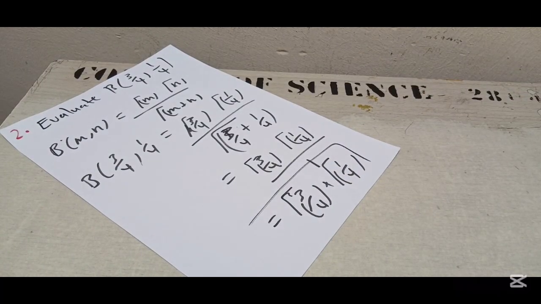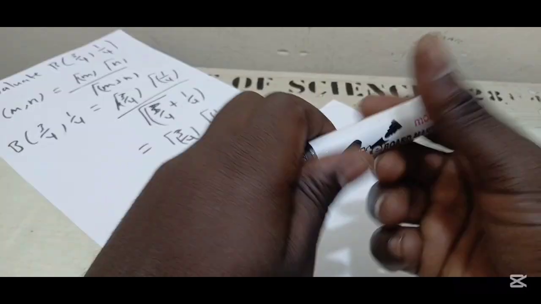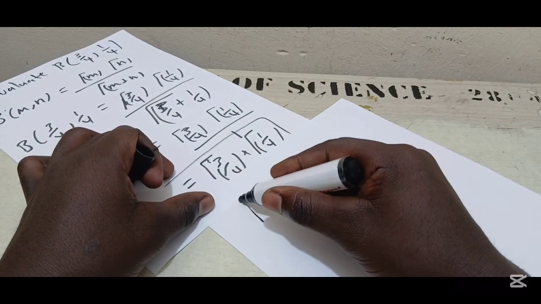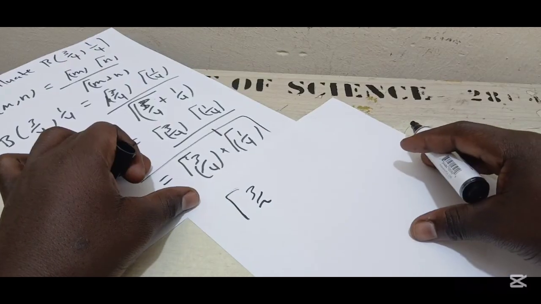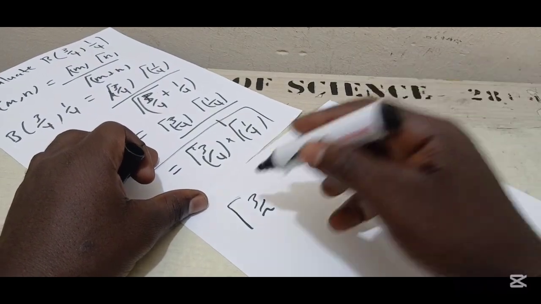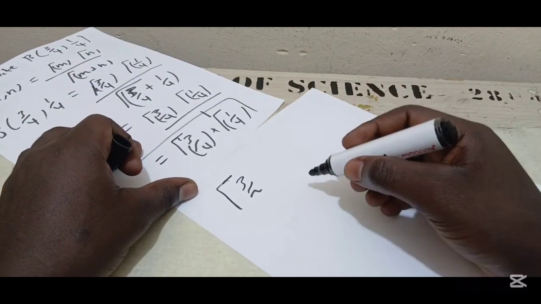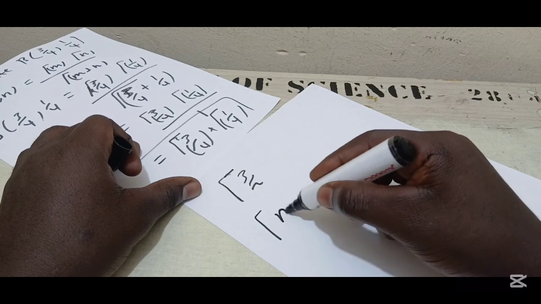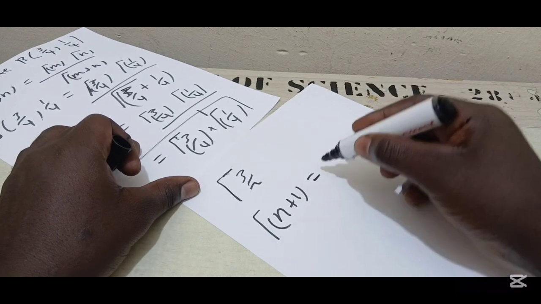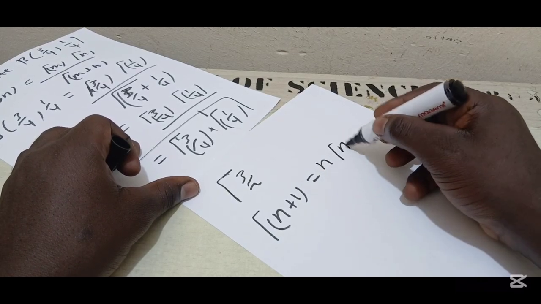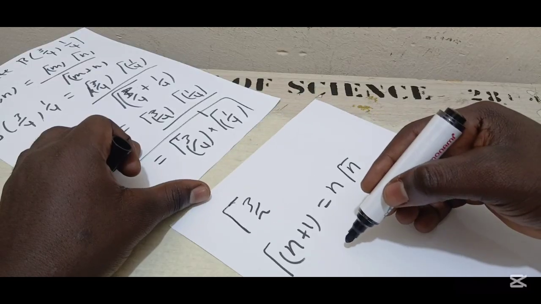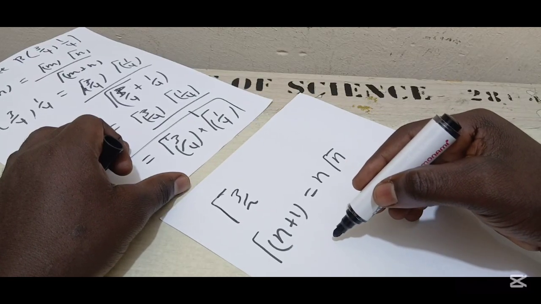And let me take you back to gamma functions. If we have gamma 3 on 2, we want to simplify this gamma problem. We are going to use the formula gamma n plus 1 equal n gamma n, since it is a fraction.